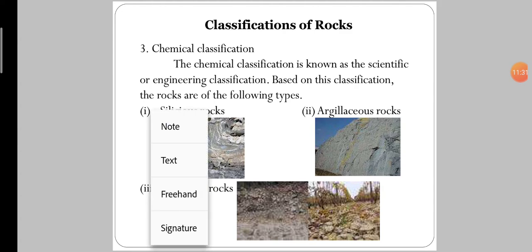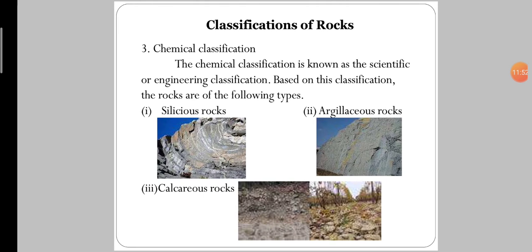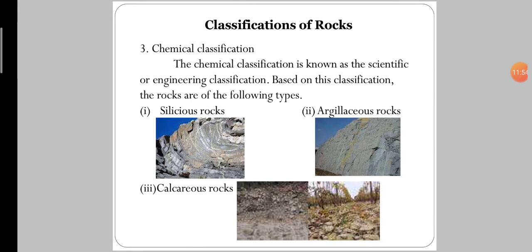Siliceous rocks are hard and durable, and the silica present in them is higher. Examples of these rocks are granites, quartzites, etc.